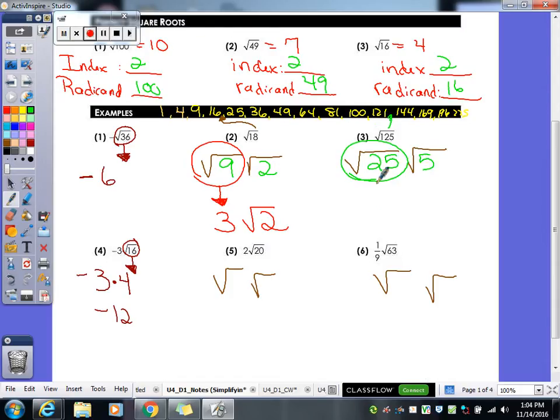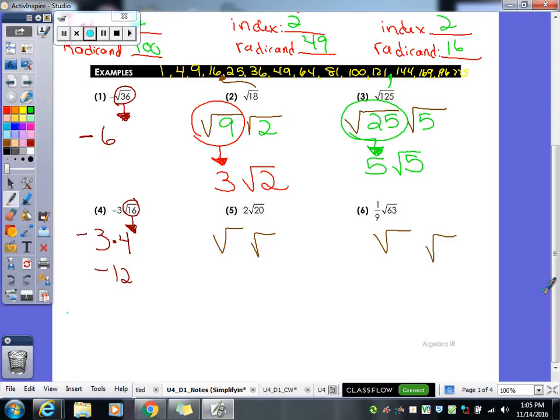Again, circle your perfect. The square root of 25 pops out as a plain old 5. And that other square root of 5 stays inside the radical. So we can say that's 5 square roots of 5 or 5 radical 5.